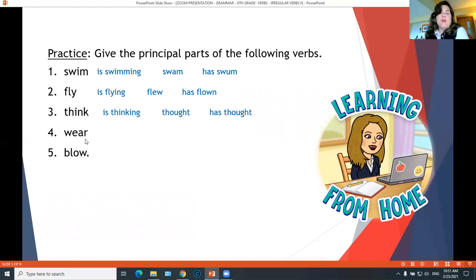The verb wear is wearing in the present participle, wore in the past, and has worn in the past participle. And the verb blow is blowing in the present participle, blew in the past, and has blown in the past participle.